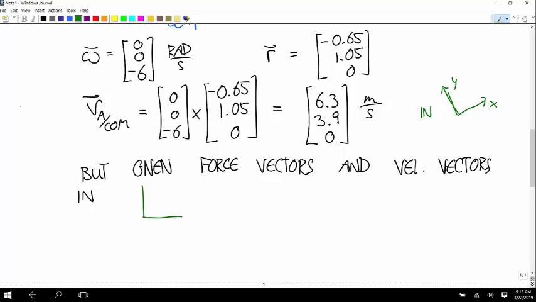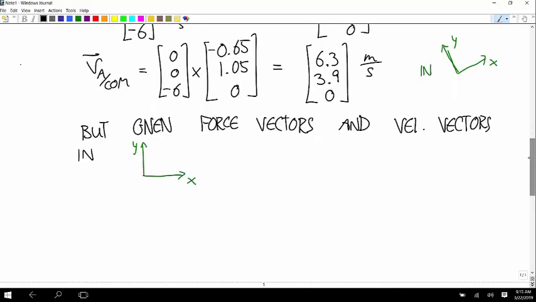Wouldn't you think? Didn't say that explicitly, but if it doesn't say anything about the coordinate system, you probably have to think that's the intention. And so now the problem is we can't use the relative motion equation with vectors in two different coordinate systems. So let's just apply a rotation matrix.